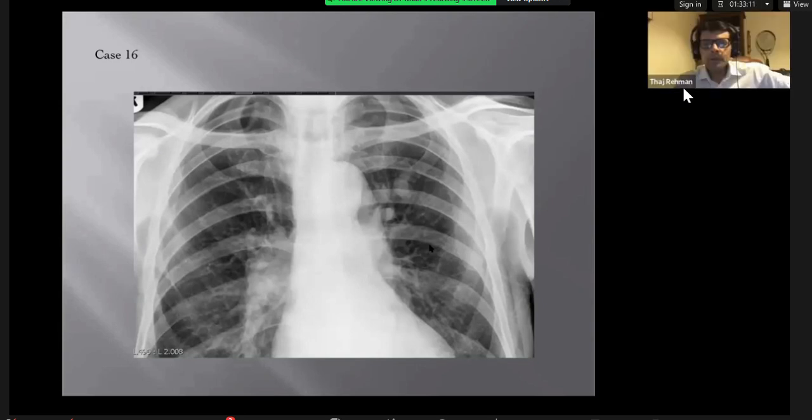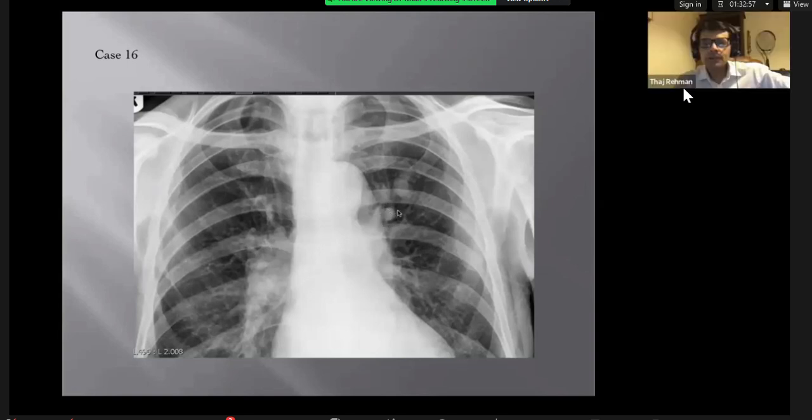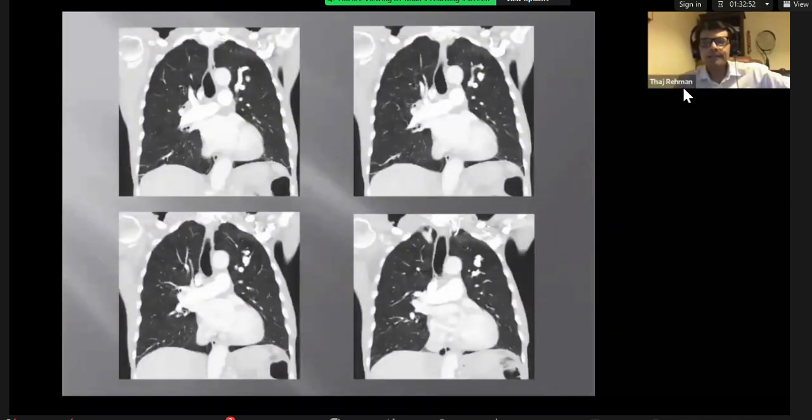What about the pulmonary veins in the upper hilum on both sides? Are they similar in size or dissimilar? They are much larger on the left side. Good, so maybe it's an AVM. I'll give you CT then.